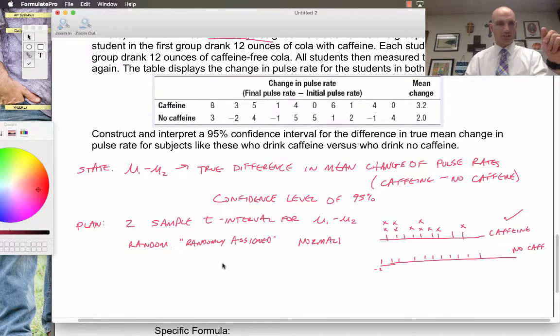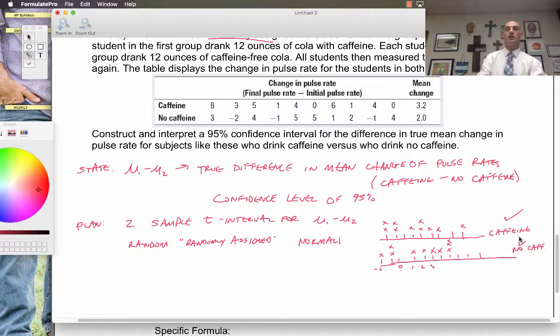You have to show a picture of what's going on here. So here we go. Here's 3, here's -2, here's 4, -1, 5. Another 5. I got a 1, I got a 2, I got a -1. You can see that it's not going to show any strong skew or outliers.